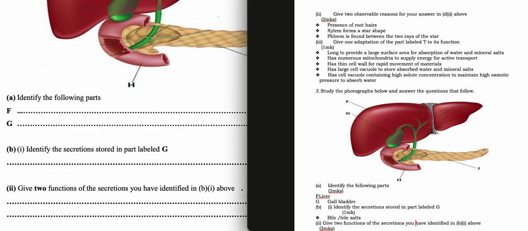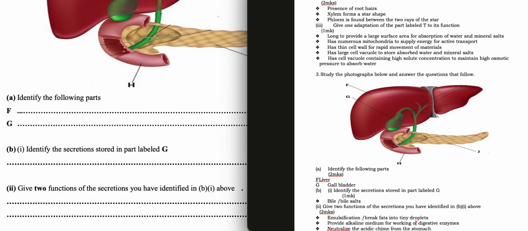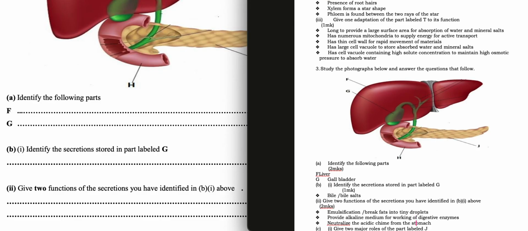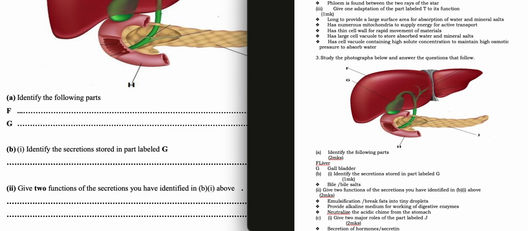The functions of bile salts are emulsification, that is breaking fats into tiny droplets. It provides alkaline medium for working of digestive enzymes, and neutralizes the acidic chyme from the stomach.